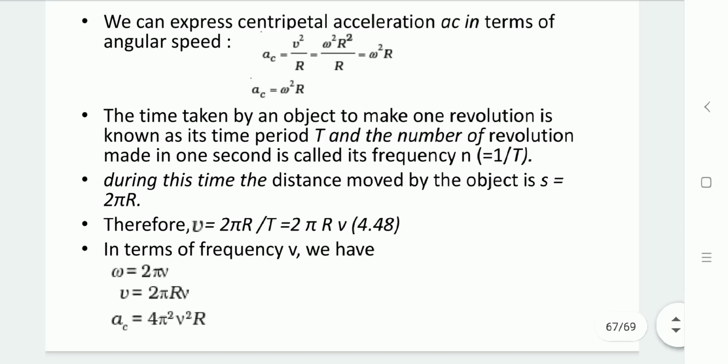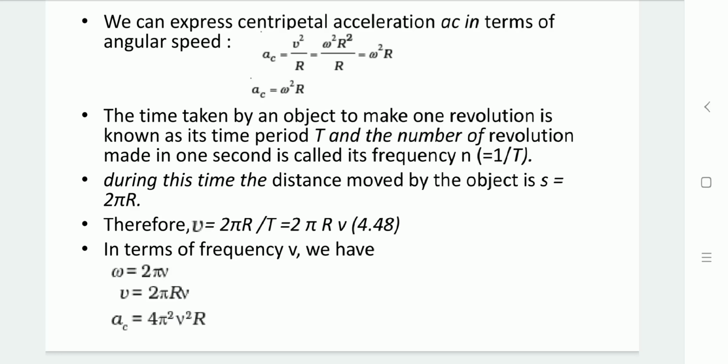So velocity is s by T, that is equal to 2 pi r by T. 1 upon T is the frequency, so v equals 2 pi r times nu, where nu is the frequency. So omega equals 2 pi nu, that is 2 pi times frequency. Velocity v equals 2 pi r nu.